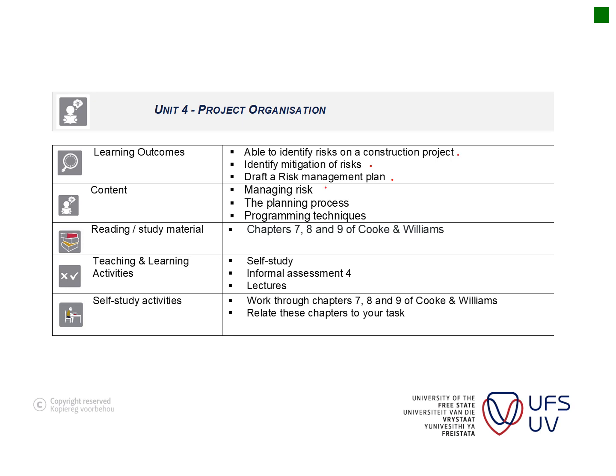Then you must be able to manage your risks, and plan for your risk and programming techniques. This is now risk more towards your construction management risk and not health and safety risk, so please note that. The histogram that we spoke about, the hierarchy of risks, you can also apply to this.